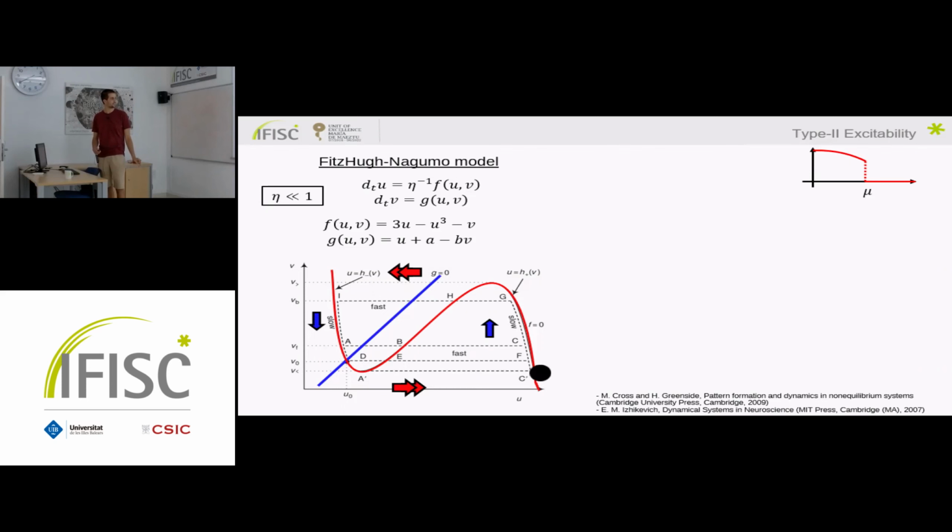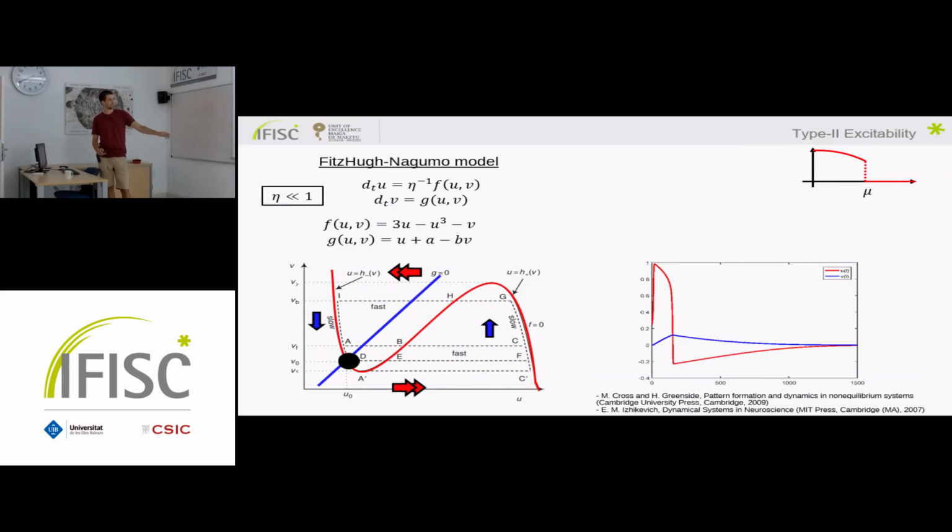Then the slow variable is the one that rules the movement of the system, and it will go slowly to the top, go now to the left, very fast, and then again slowly down.